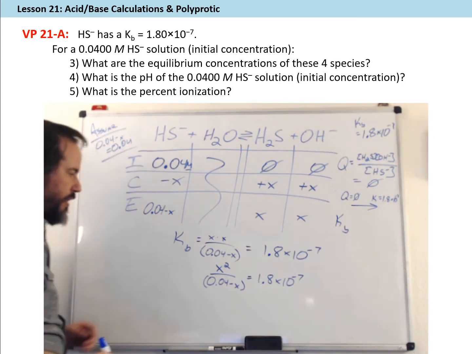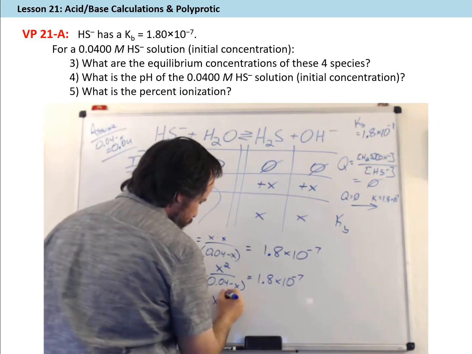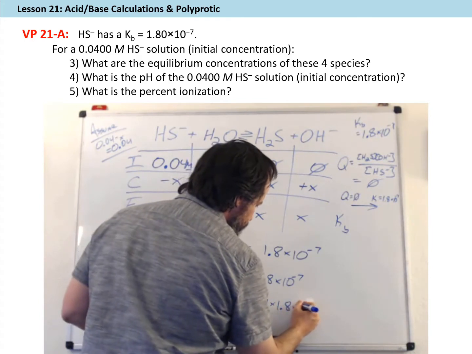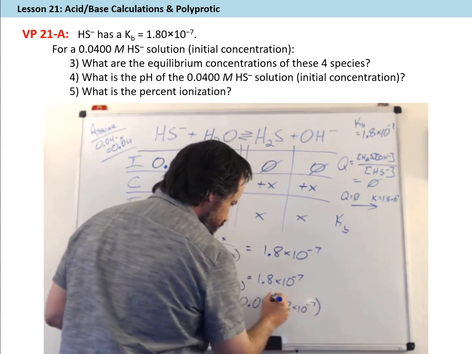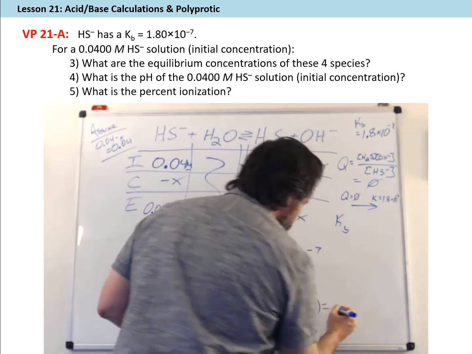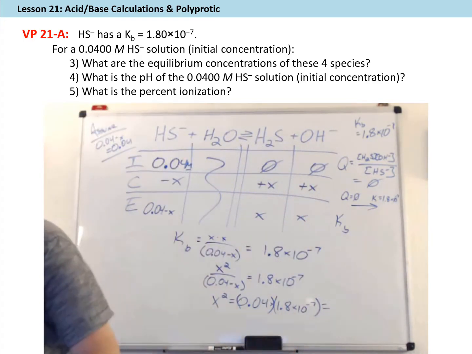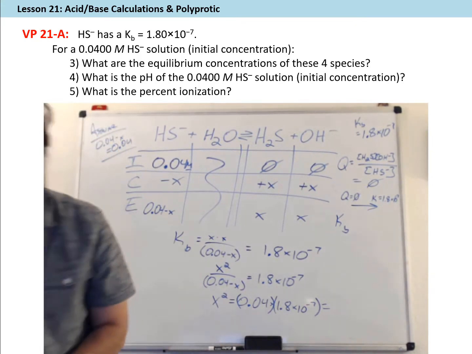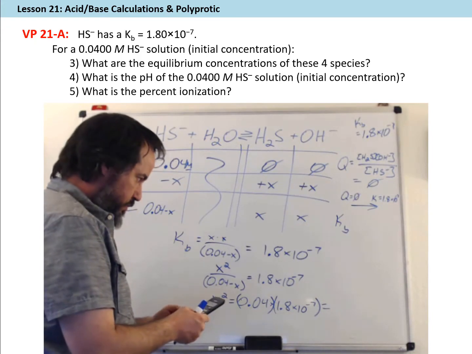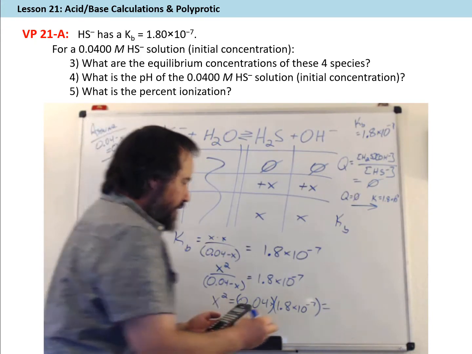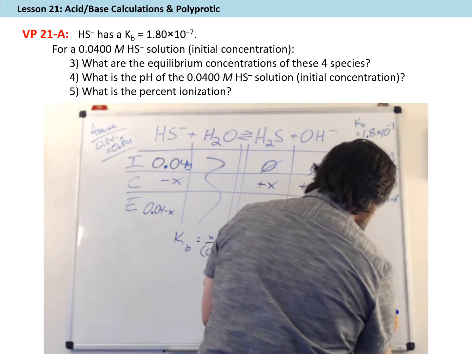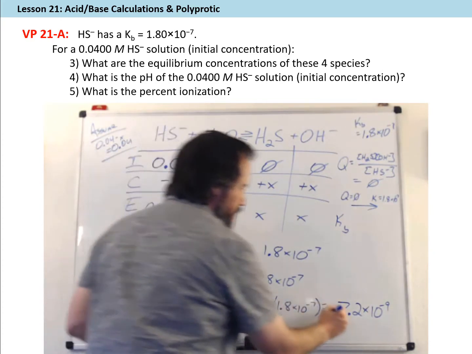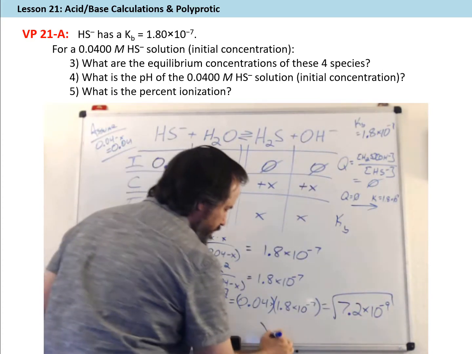All right, so this then becomes X squared equals 0.04 times 1.8 times 10 to the negative 7th. That's going to be 7.2 times 10 to the minus 9. Okay, so what am I going to do? I'm going to square root this and square root this, and that's going to solve for X.